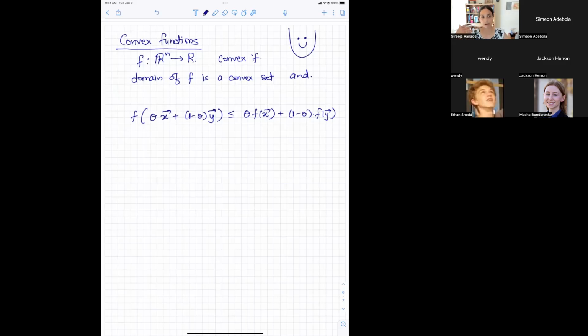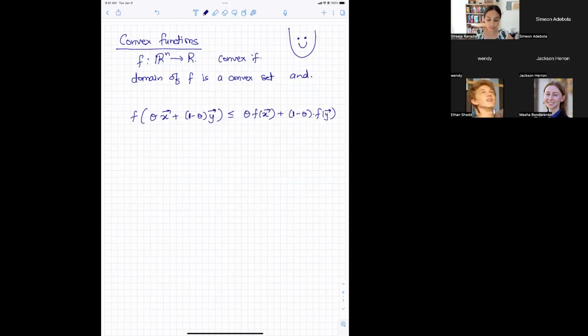Typically, we always develop theory for convex functions. I don't know why, but everything basically applies with the reverse inequality sign for concave functions. So we're going to be talking about convex functions, convex optimization, and minimization problems. Minimization problems are easy and nice in the context of convex optimization and convex functions. Maximization problems are easy when you have concave functions.